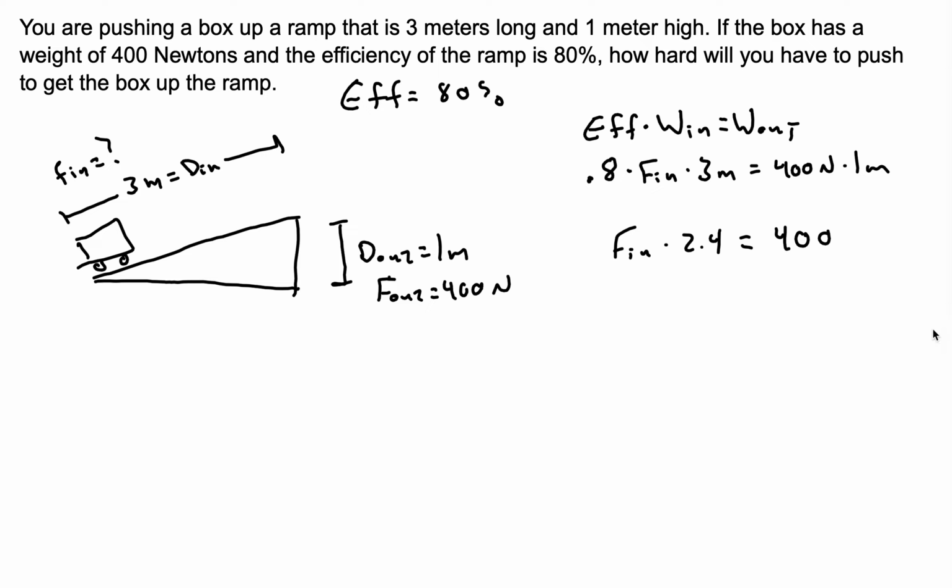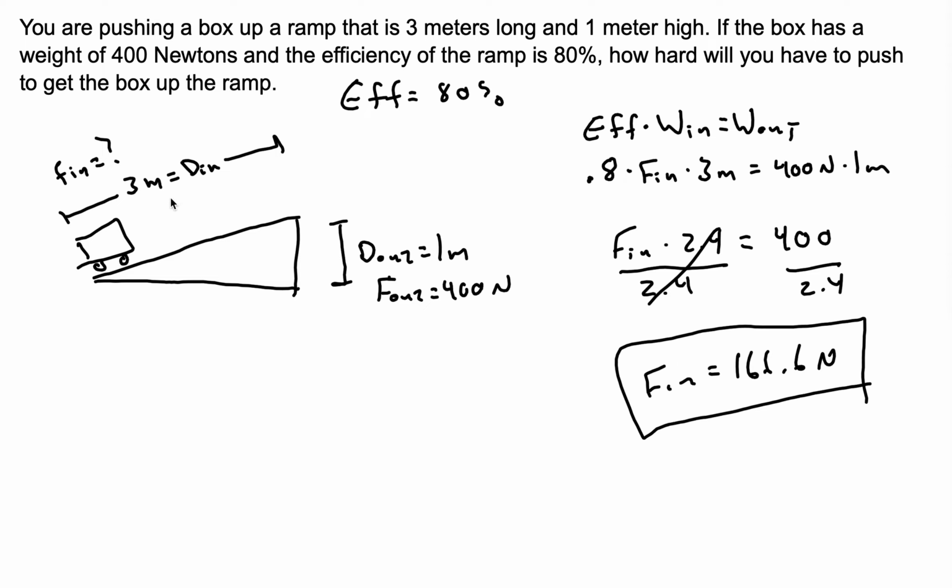Okay, and then how do I get 2.4 by itself? Well, they're being multiplied. So I will divide. Those cancel out. And I can't do that in my head. 166.6. Thank you. 166.6 newtons.